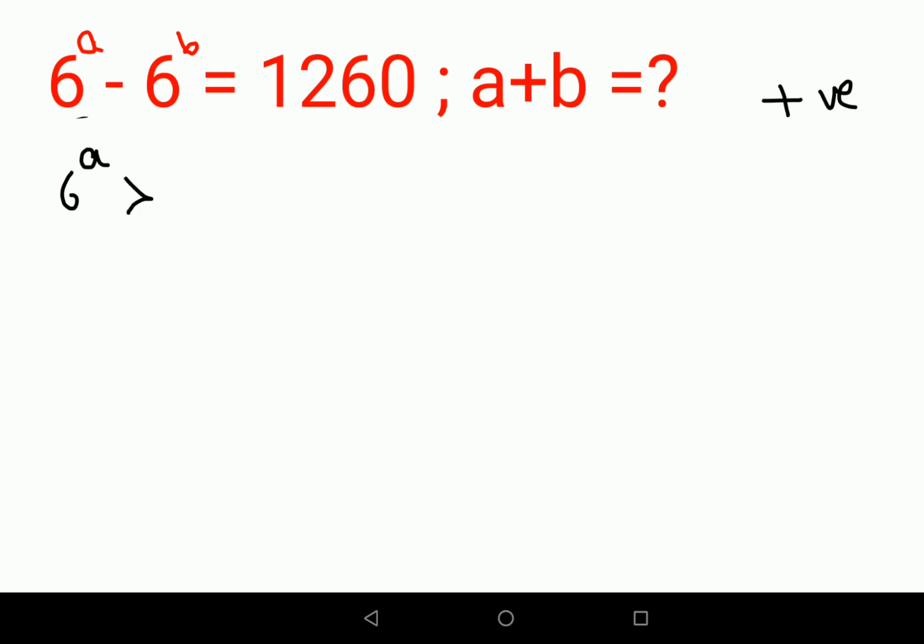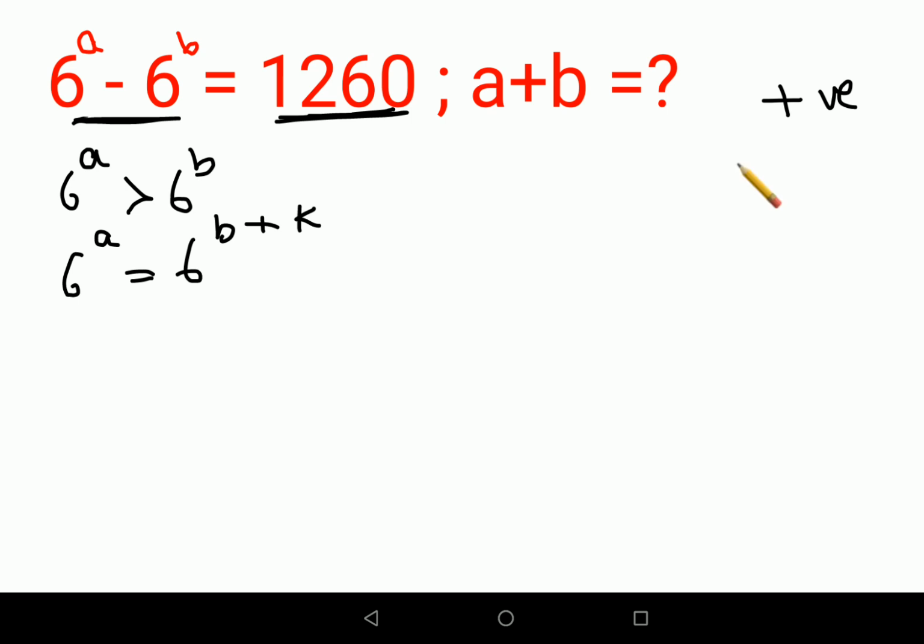So I can say 6 raised to a has to be greater than 6 raised to b. Now since this is a proper integer, this 6 raised to a will also be something in terms of 6 raised to b plus some value. Only then the subtraction will lead to a proper integer. If you can figure this much out, things become very easy.